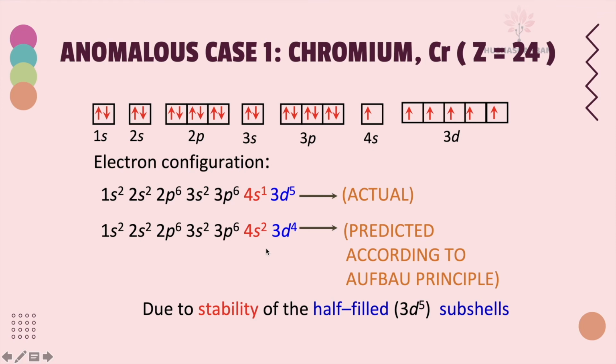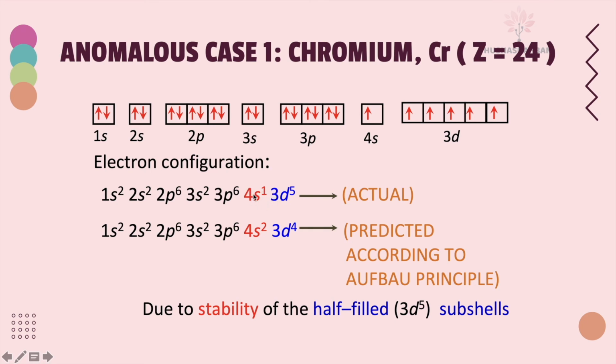So we fill 2 electrons in 4s first, and then another 4 electrons in 3d. But chromium doesn't follow the Aufbau principle. This is an anomalous case. The actual electronic configuration for chromium is 4s1 3d5.